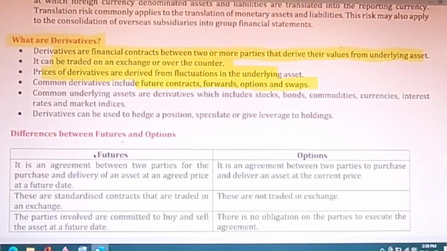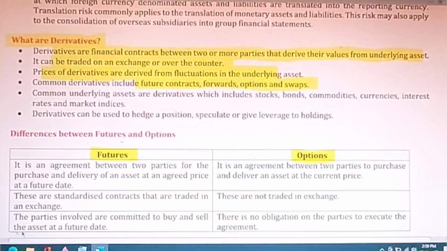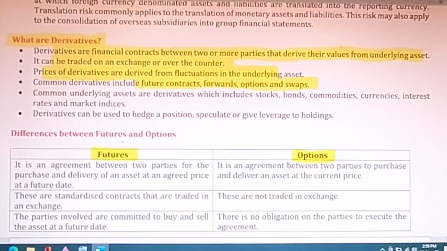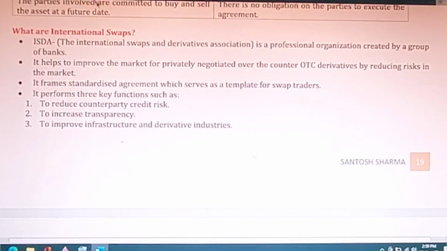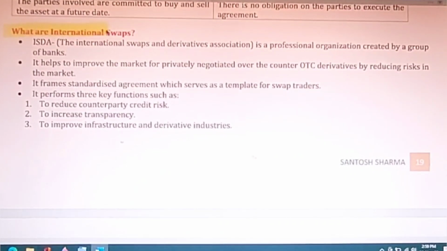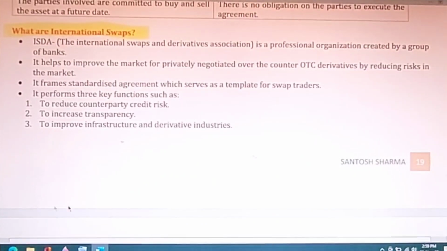And the difference between futures and options is a very important one. Don't forget to revise this properly. And what are international swaps? Like in my previous video, I also explained this in detail.